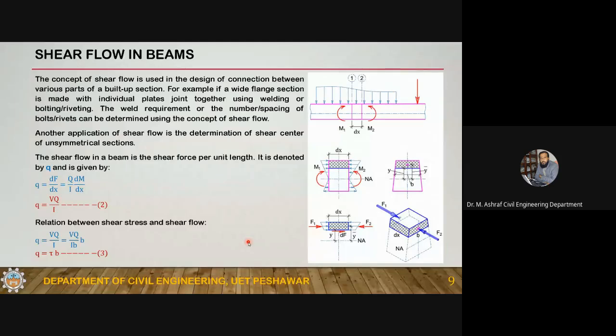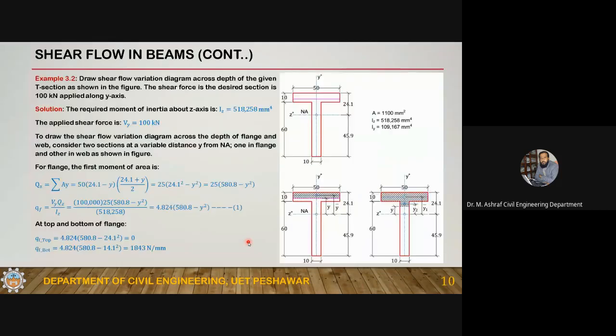It is similar to stress. Stress is force per unit area, but this is force per unit length. But it has certain applications, and we'll talk about those applications in our next example. You will have to calculate these to design the connection between various parts of a beam. So this shear flow concept is used in the design and in the determination of the shear center. These are the two uses, and we'll talk about them in detail.